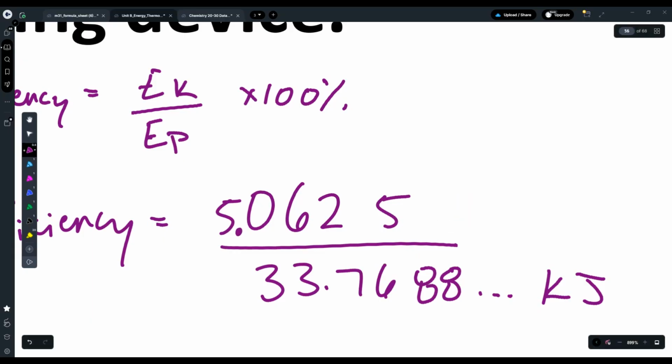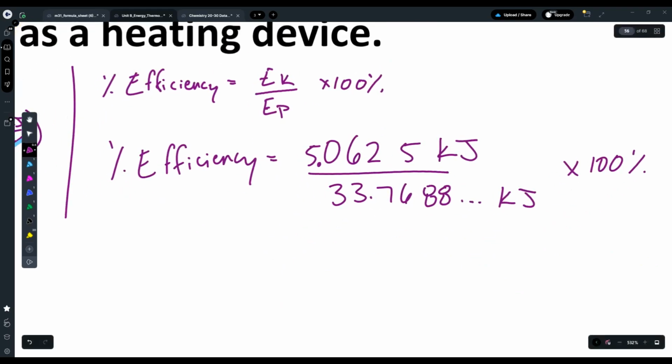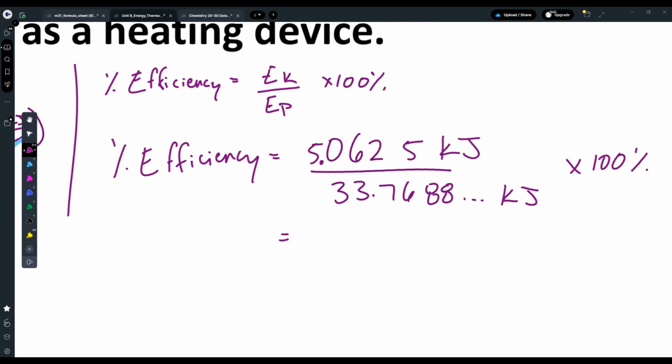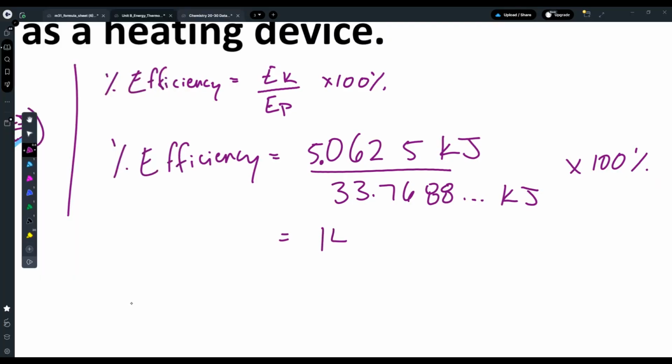5.0625 kilojoules. Okay, and then times by 100%. So we're going 5.0625 divided by answer times by 100. And we get 14.9916%.